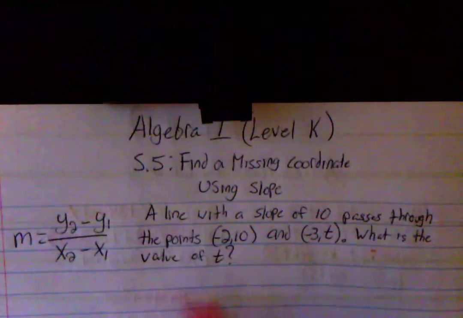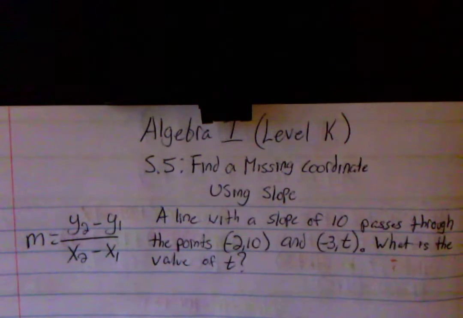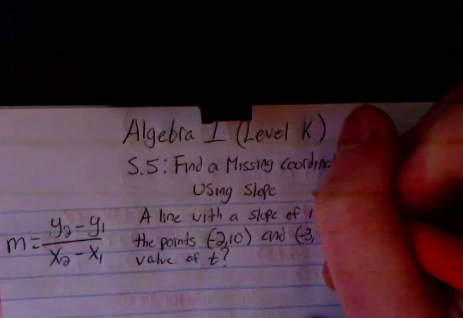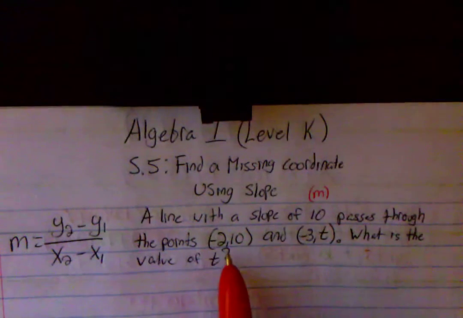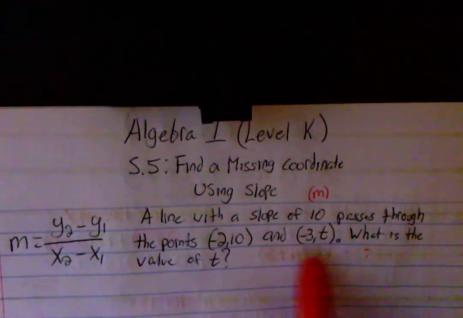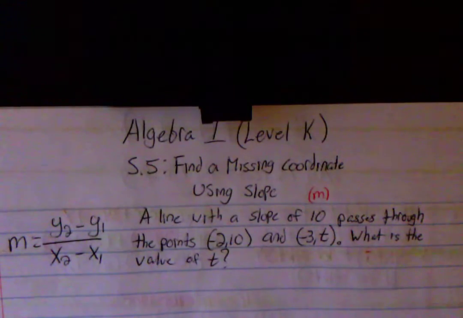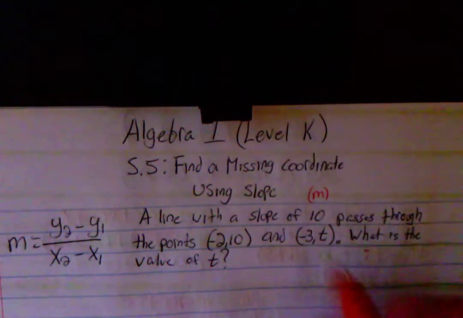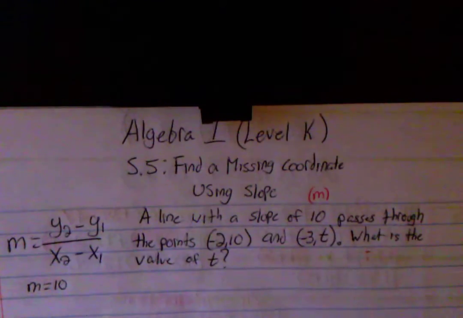Okay, so here we are given the slope, which we know as m, and a full point and half of the other point. The first thing that I do is write out what everything means. So I have m equals 10.